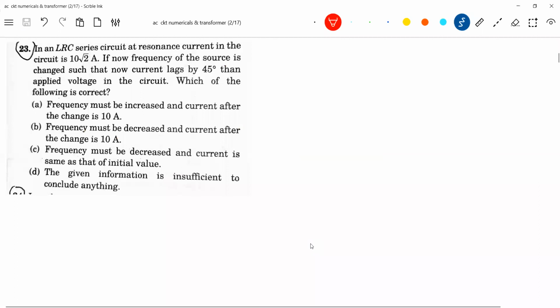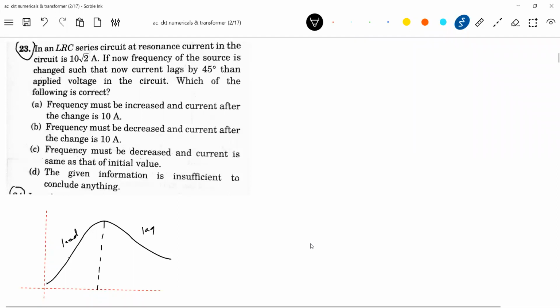In an LCR circuit at resonance, the current in the circuit is 10 root 2 ampere. If now the frequency of the source is changed such that the current lags by 45 degrees, then the applied voltage in the circuit, which of the following is correct? Now, you go back to series resonance. So current, in fact, this is a lead, no?